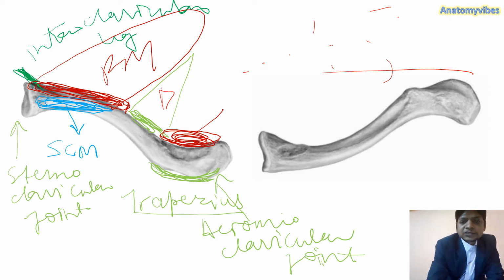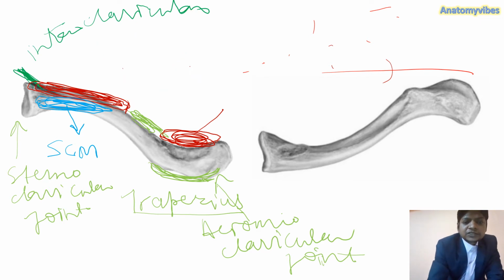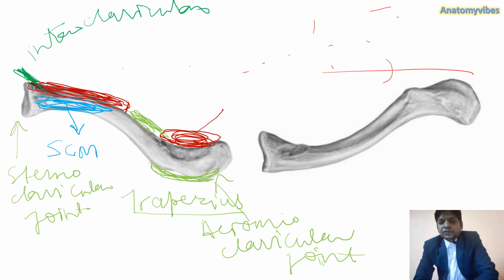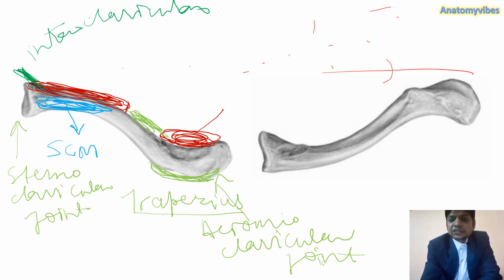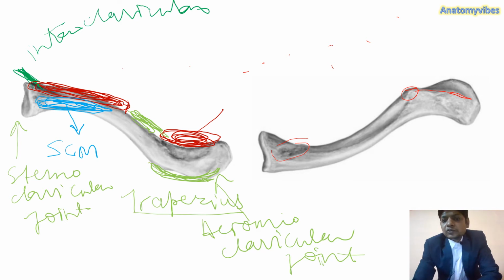So let's see some of the other features. Inferiorly, we can see the conoid tubercle here, the trapezoid ridge here. Here is the rough area and a prominent groove. On this prominent groove, the muscle attached is subclavius.